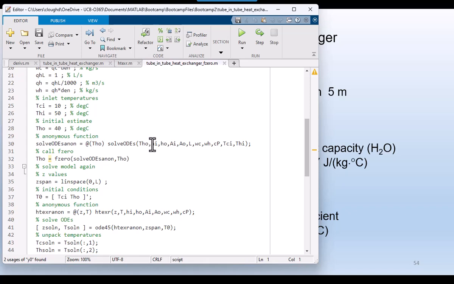And then all the rest of these are going to be passed through F0 to our solve ODEs function. So F0, solve ODEs anon with TH0, and starting with 40 as our initial guess. And so it's going to do that. So let's take a look at solve ODEs.